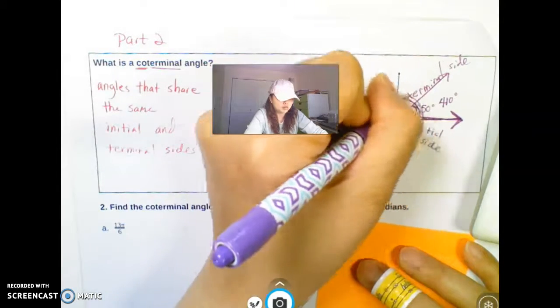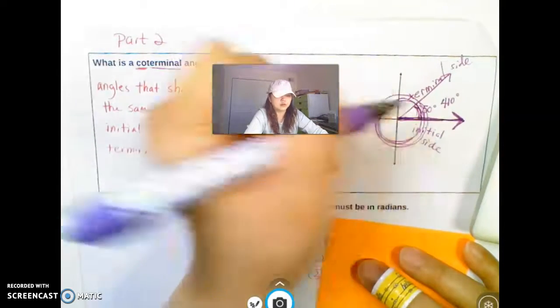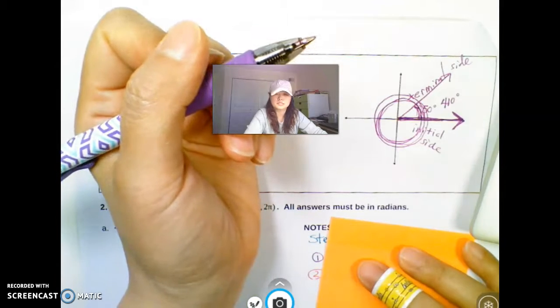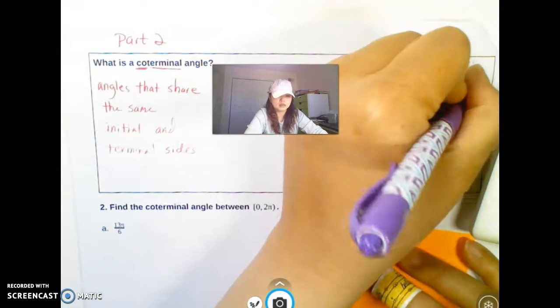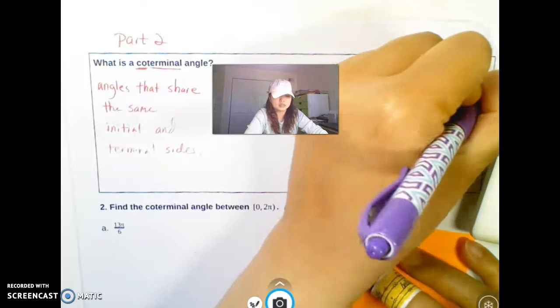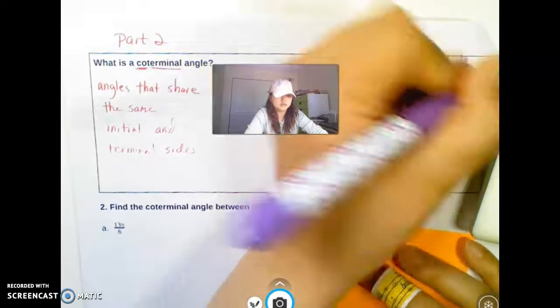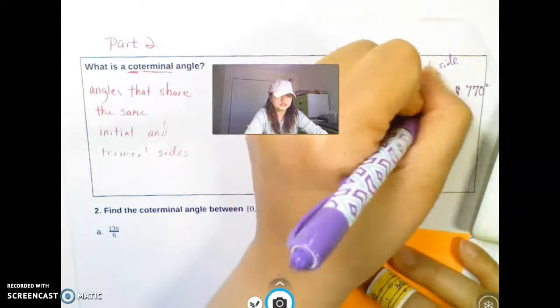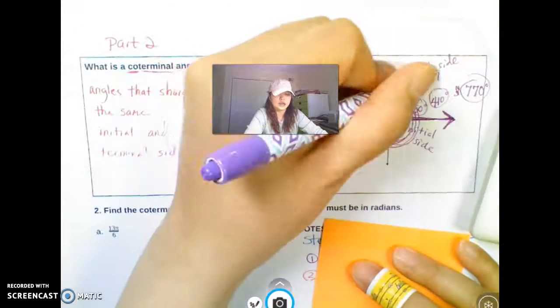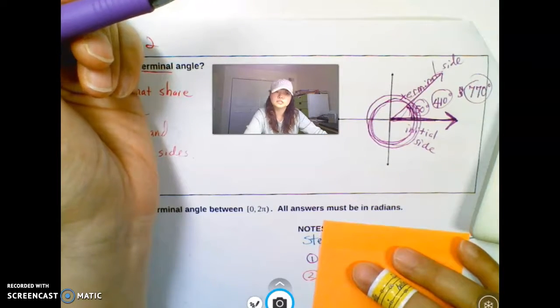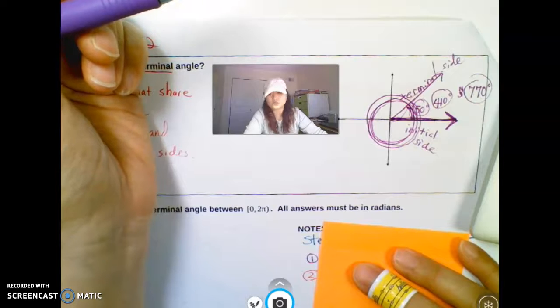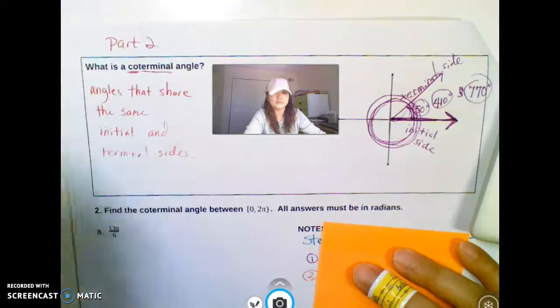If you go around another whole circle, that'd be another 360, so that could be 770. I could keep adding 360 to this, and it always ends in the same side. So that's what a coterminal angle is. Just like 360 and 720 and 1080, they're all the same.